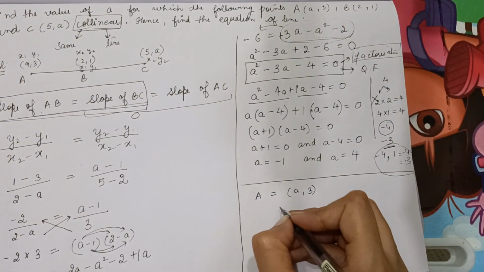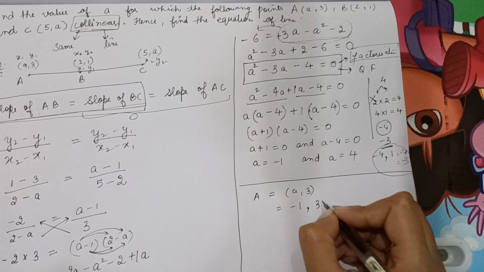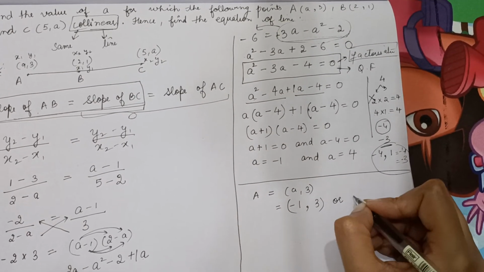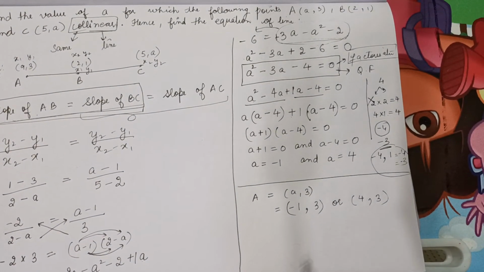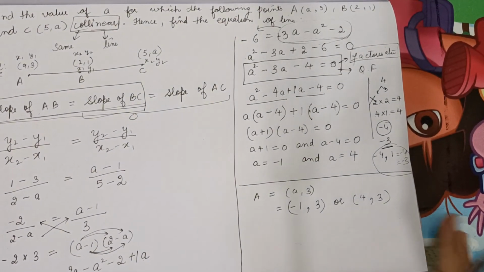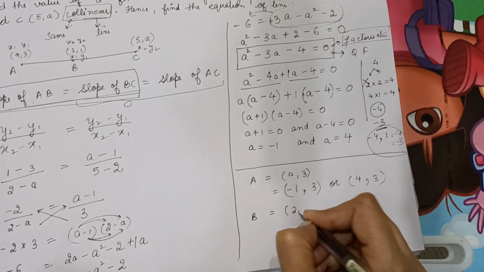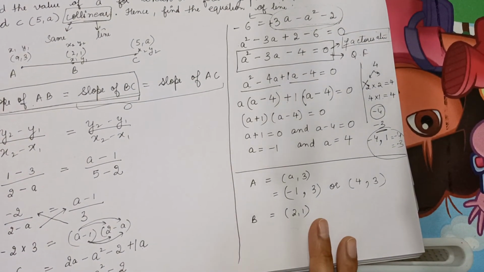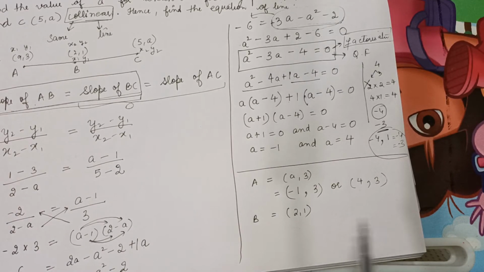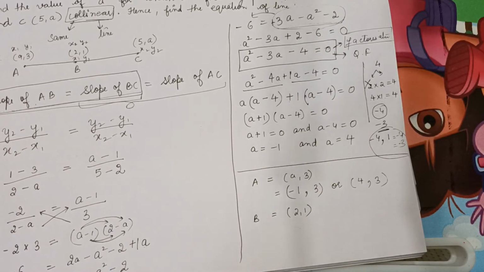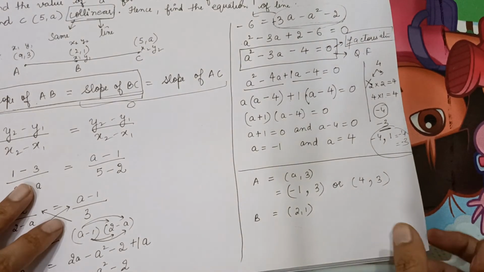That means the coordinates can be minus 1 comma 3 or 4 comma 3, because you can see two values of a we have found. B's coordinates are already given to us, 2 comma 1. So now what we have to do, we have to find the slope first of all, and then we can use any form of the equation of a line, then we can write the equation of the line.